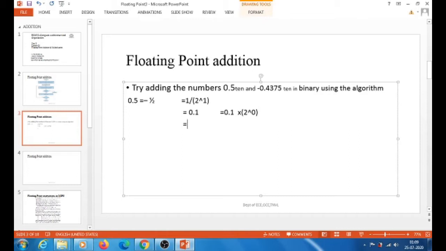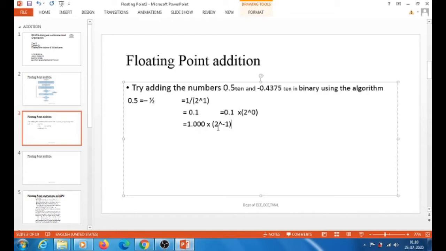So if we shift this 0.1 so that 1 comes to the left of the decimal point, then it should be like this, that is 1.000 into 2 raised to minus 1, because we have shifted the decimal point one position right in order to make this the normalized one.